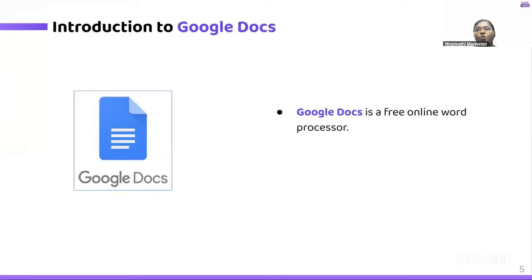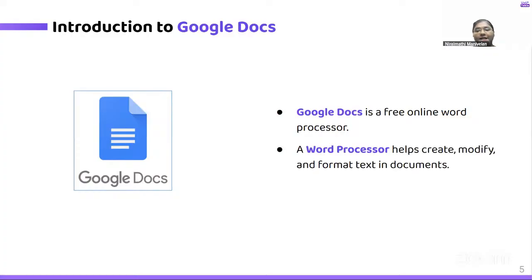First of all, what is Google Docs? Google Docs is a free online word processor. I hope all of you have heard about Microsoft Word. That is the offline tool, but this is the online tool. It is a free online word processor, or we can say a digital notebook, where you can create, modify, and format text documents.